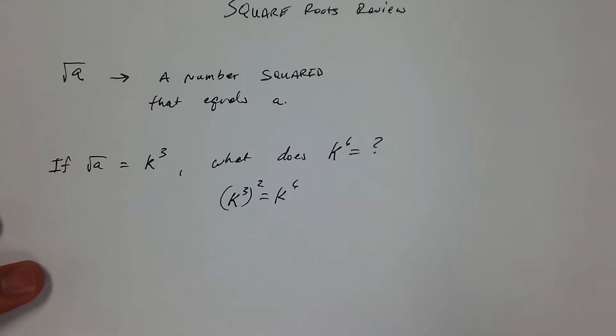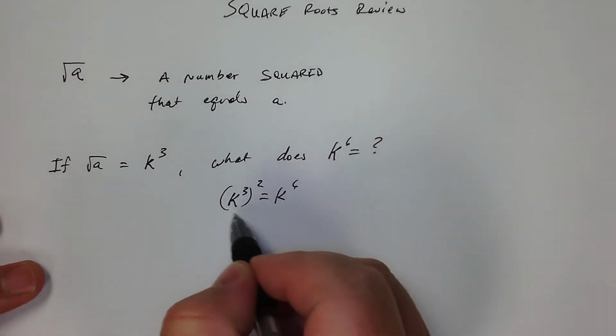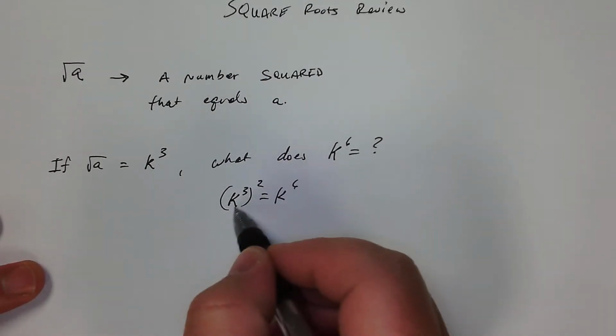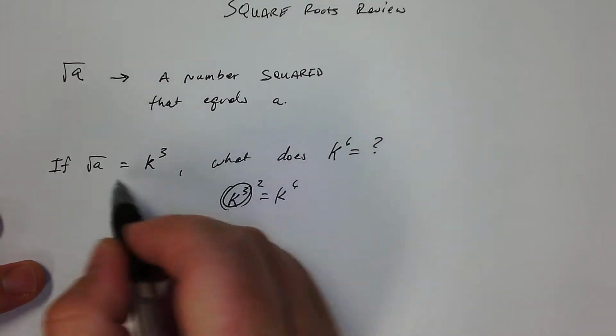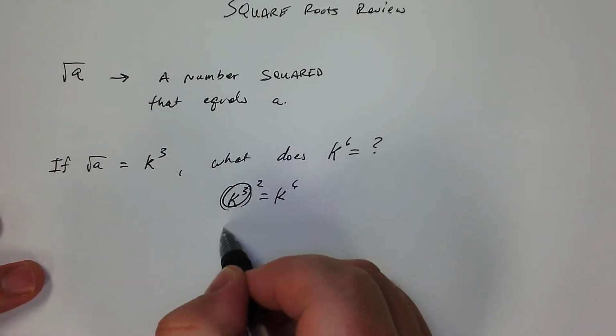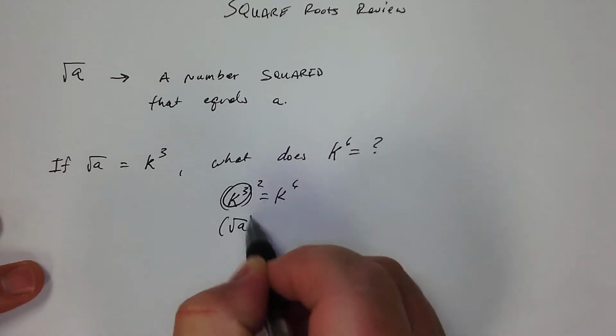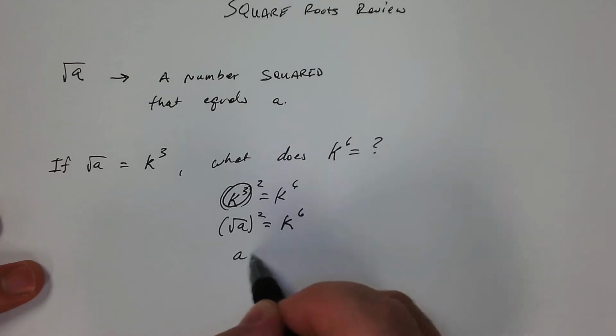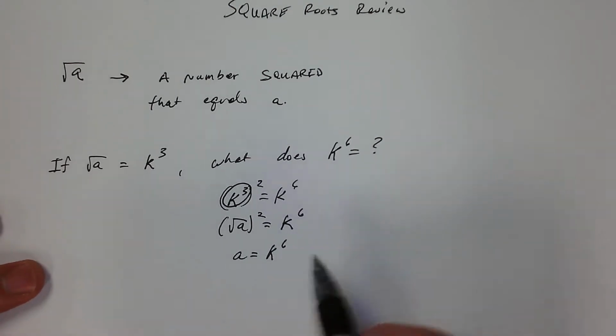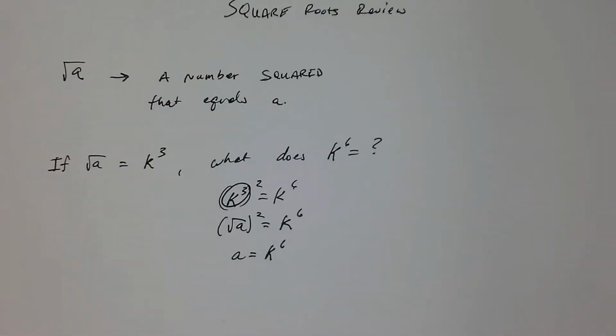Of course, because k cubed squared is k to the sixth, and we know that equals the square root of a. And the square root of a squared is just a. So there we go. Boom, done.